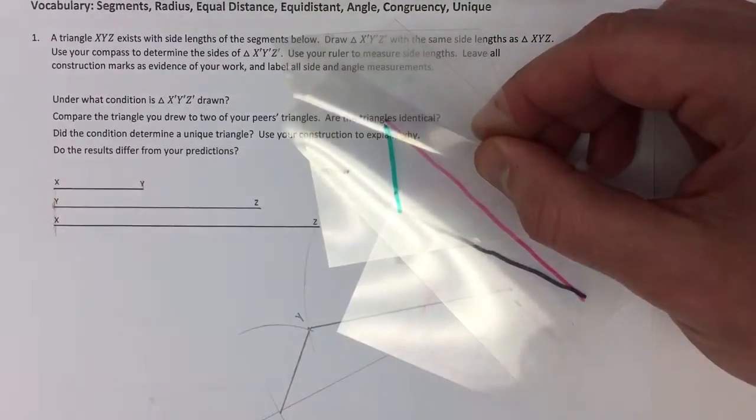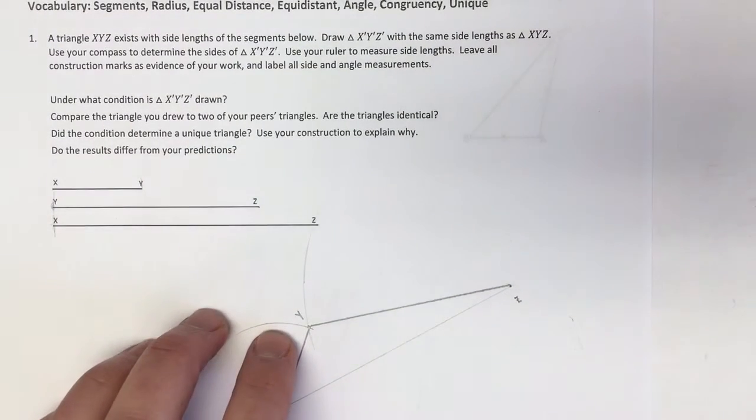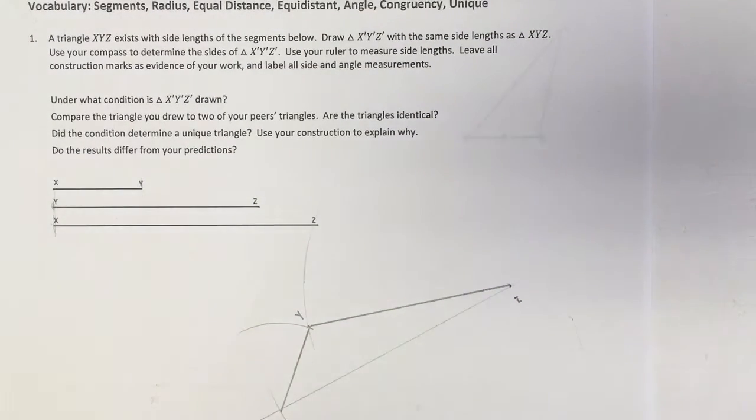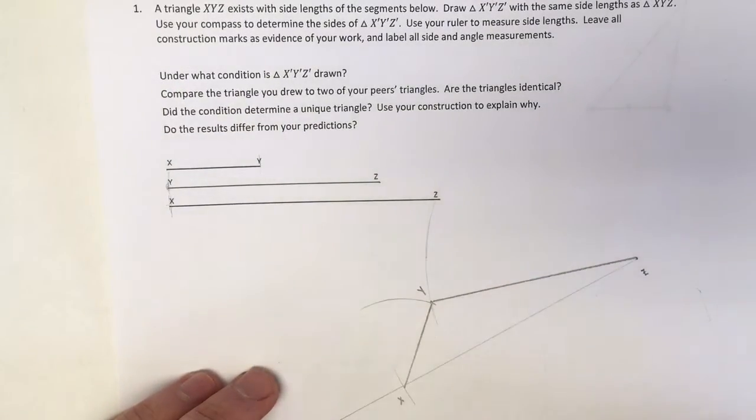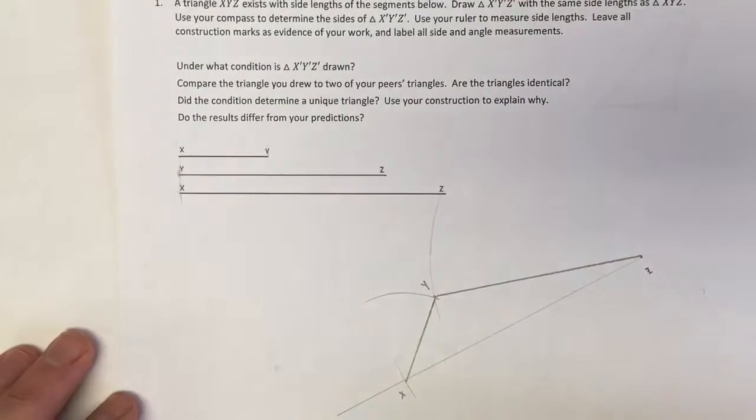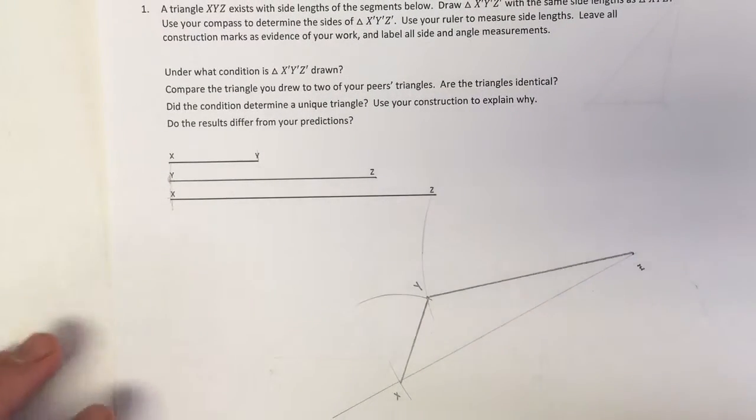If I'm given three lengths, it defines a single triangle, so it doesn't matter if it's oriented one way or another, flipped, or rotated. Essentially I'd be able to come back to this triangle. And so that's an important result: when you're given three sides, you are constructing a unique triangle.